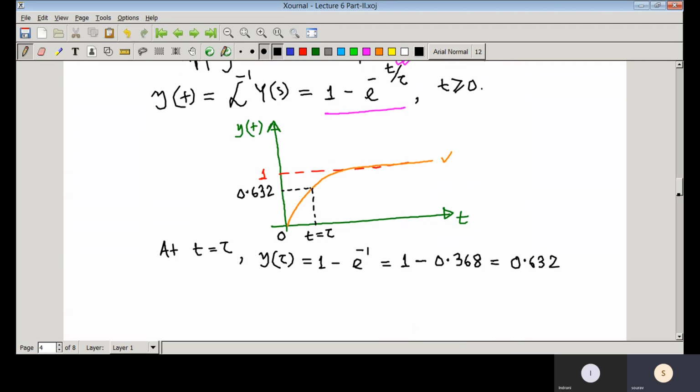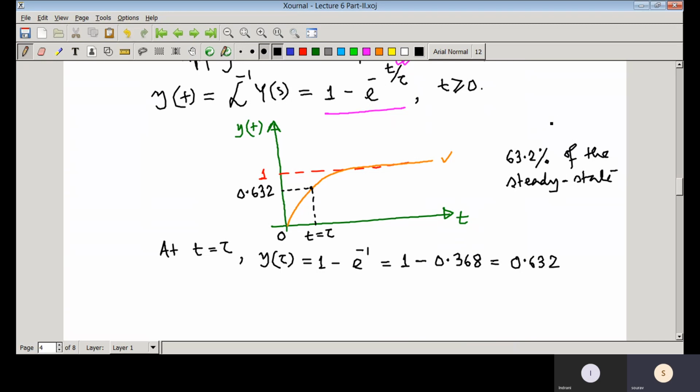So I hope you all know that the time required to reach 63.2% of the steady state. So I'll be discussing these things in detail later.